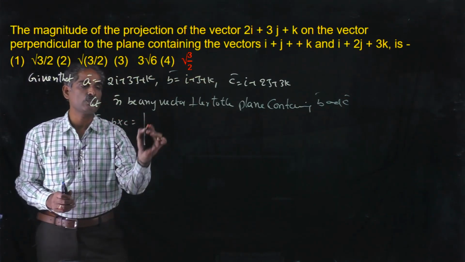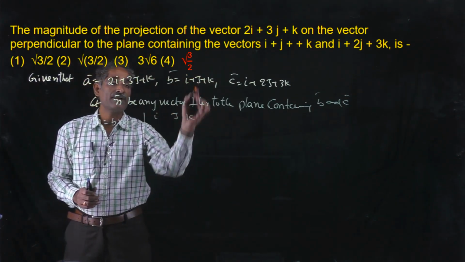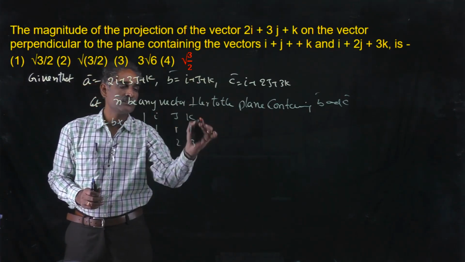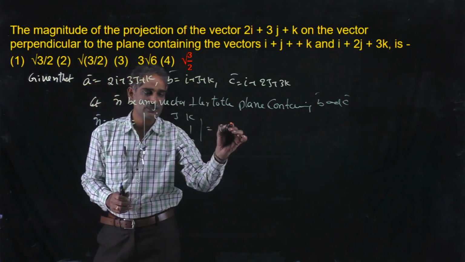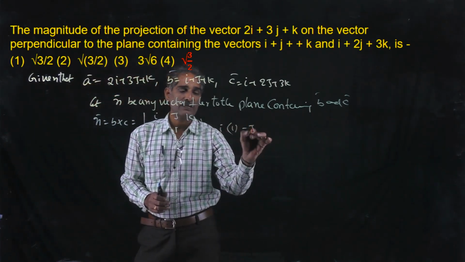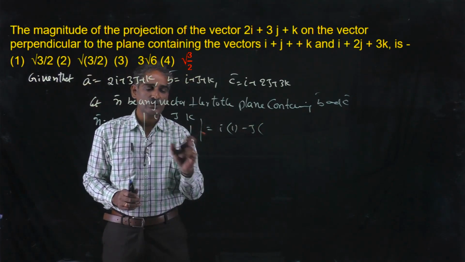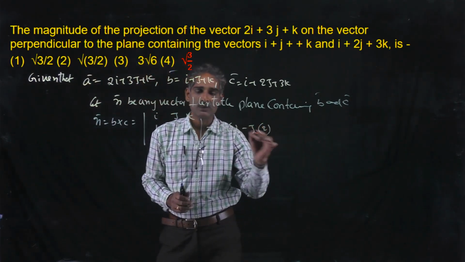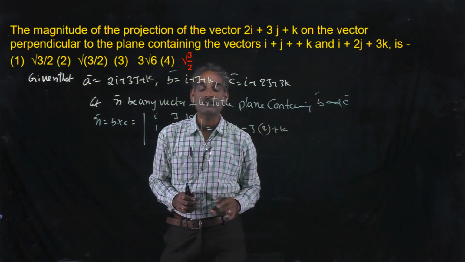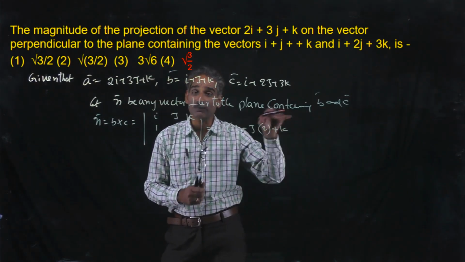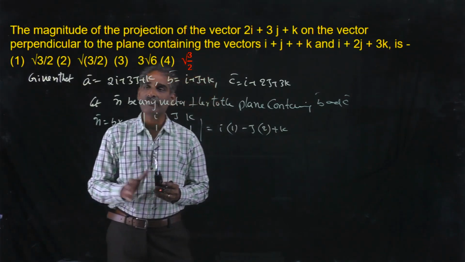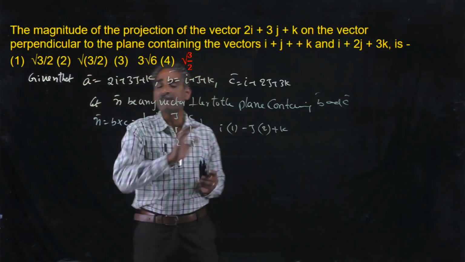Now find the b cross c value, with rows 1, 1, 1 and 1, 2, 3. So the value is i into 3 minus 2, minus j into 3 minus 1, plus k into 2 minus 1. This is the normal vector to the plane. We have to find the magnitude of the projection of a bar on n bar.